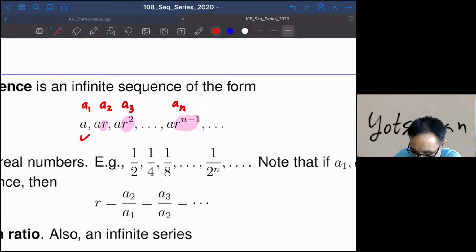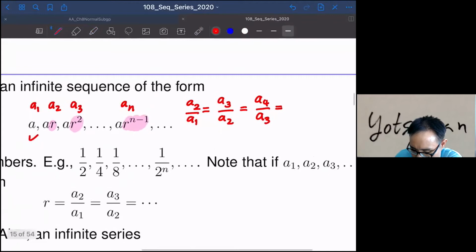A2 over A1 will be equal to A3 over A2, equal to A4 over A3, and so on. And this thing is equal to the ratio R. The ratio R here is called the common ratio.